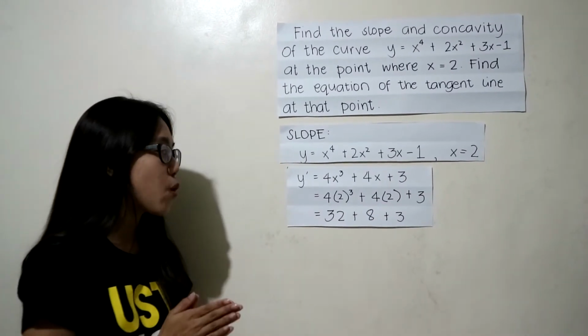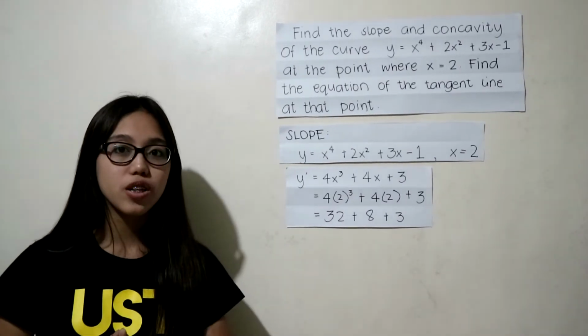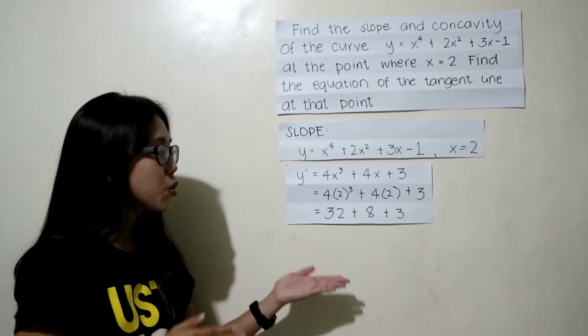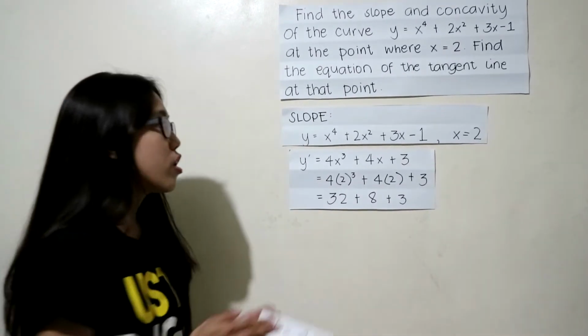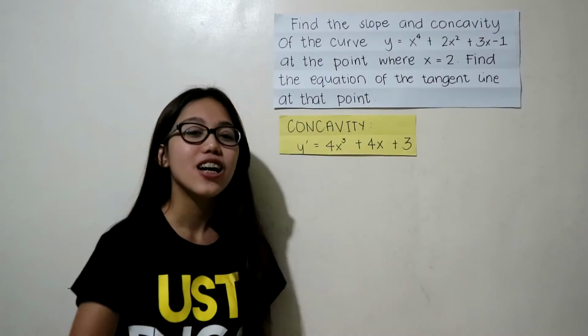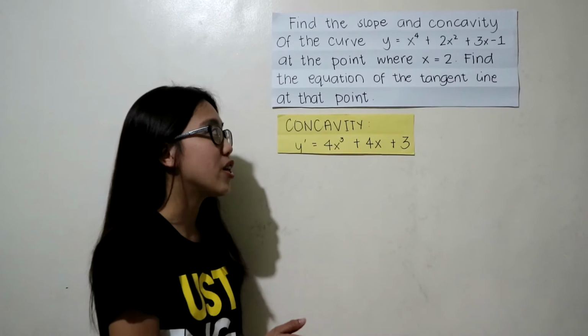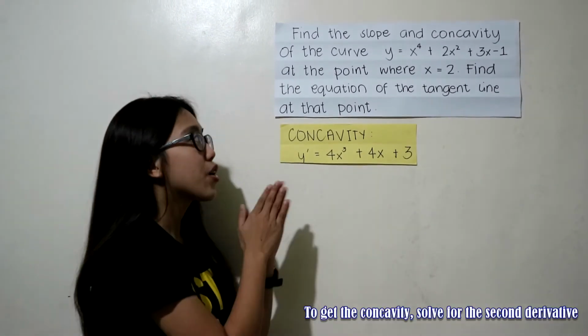So it will be 4 times 2 cubed plus 4 times 2 plus 3, which will be equal to 32 plus 8 plus 3. And our y prime, or our slope, will be equal to 43.